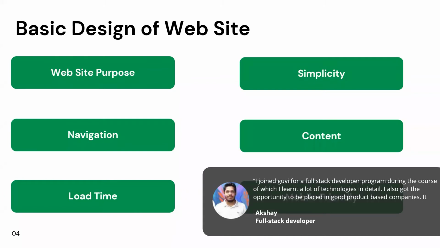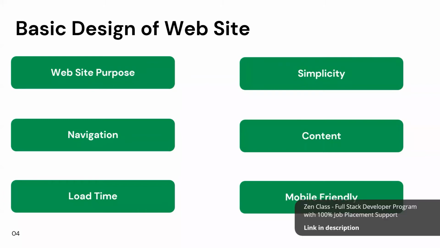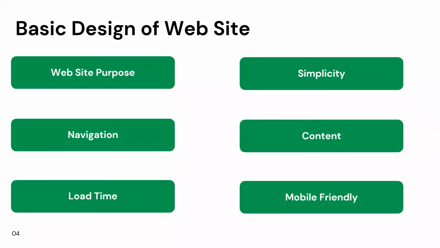And the third and the last one is being device friendly or mobile friendly. Earlier, websites were mainly developed for desktop computers, because at that time desktops or laptops were used majorly. So whenever a website developer started developing a website, they normally designed it on the basis of a desktop or laptop screen.